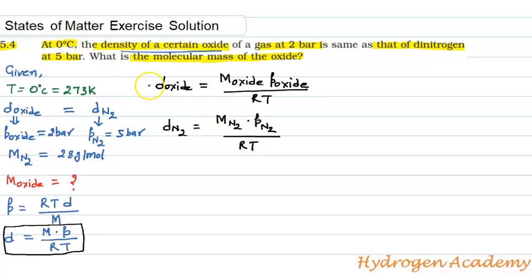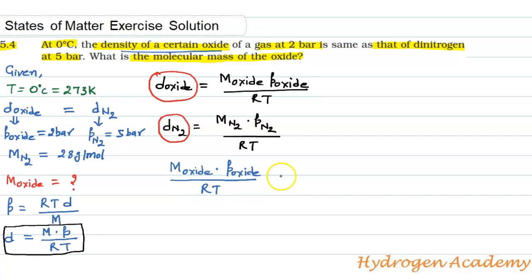According to the question, density of oxide is equal to density of nitrogen. Then we will get the relation M oxide into P oxide divided by RT is equal to molecular mass of dinitrogen and pressure of dinitrogen divided by RT.